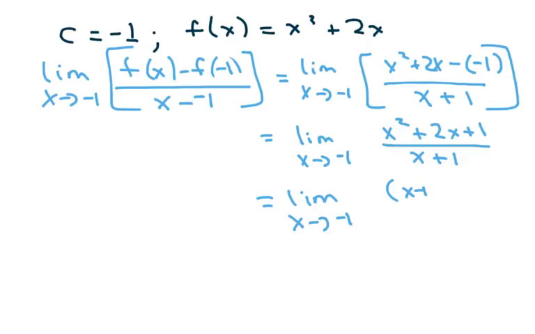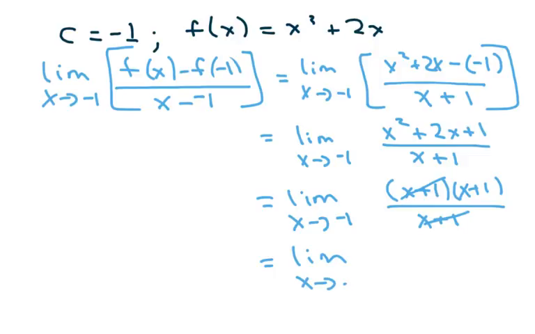That's going to be x plus 1 squared, or I'll just write it out twice, over x plus 1. These are going to cancel, and then when you take the limit, you get the limit as x approaches negative 1, and plug in negative 1 to x plus 1, and that's going to equal 0.